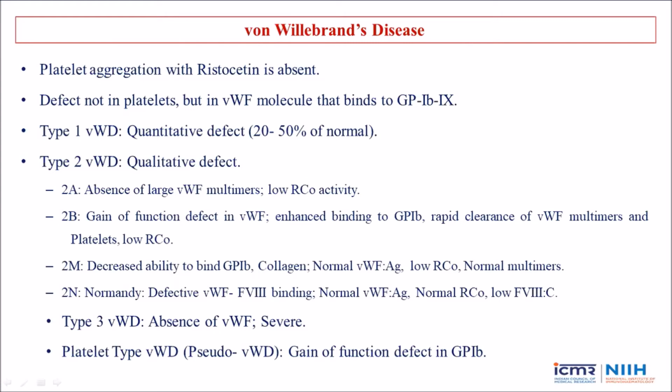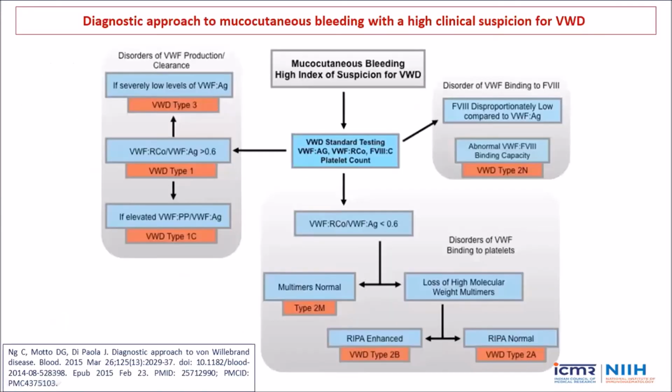Now, the difference between type 2B and pseudo VWD is that in type 2B there is gain of function in von Willebrand factor, whereas in pseudo VWD the problem is with a gain of function mutation in the GP1B, which results in clearance of the von Willebrand factor.